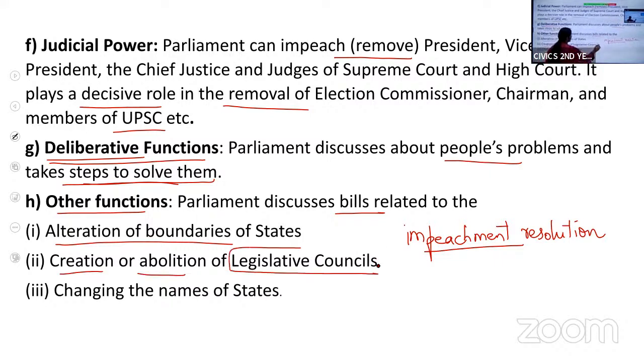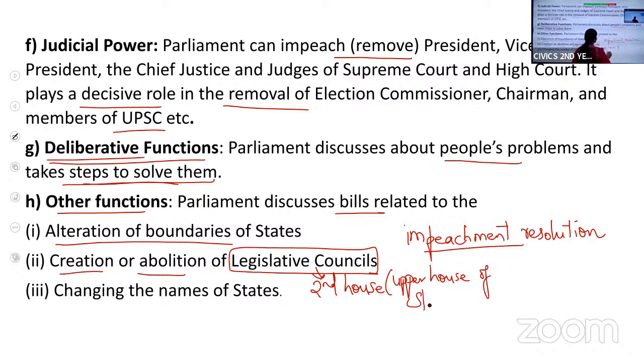Now, this legislative council is the second house, or you can say upper house of the state legislature. The upper house of the state legislature is called the legislative council.